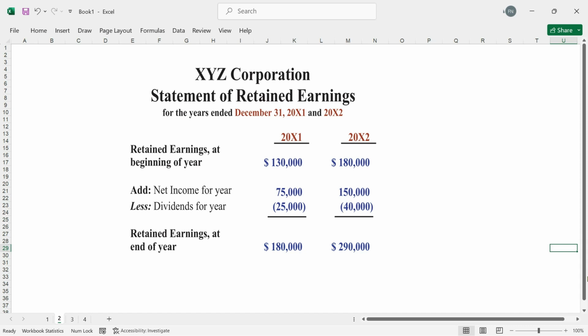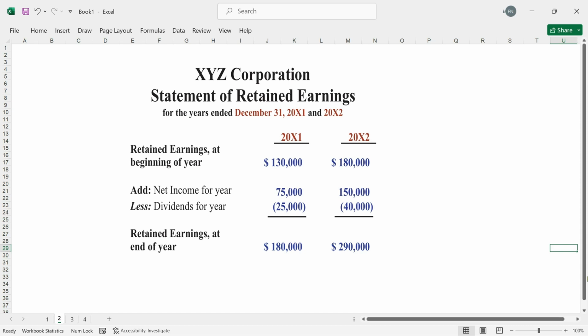So we can see by looking at this statement of retained earnings that this is a company with increasing retained earnings because the company has been profitable. And in fact, the profits have more than doubled from the year 20X1 to 20X2, and they have paid out a portion of those profits, not all of them, but a portion of those profits to the owners of the business in the amounts reflected.